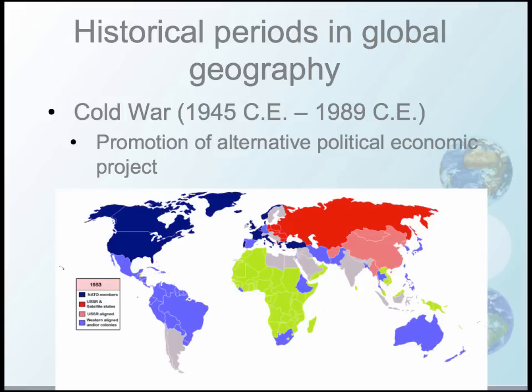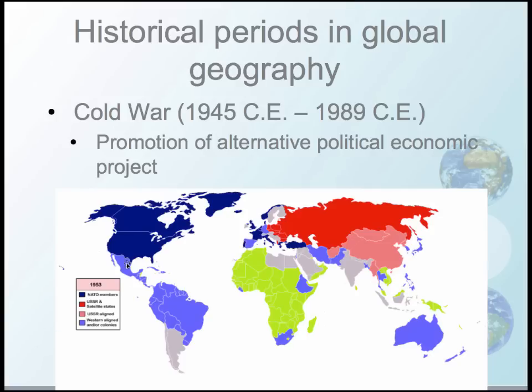Now, post-World War II, the most significant historical period in global geography from 1945 to 1989 is the Cold War, which pitted basically two political economic projects, capitalism and communism/socialism, although they are not the same thing, of course, against one another.